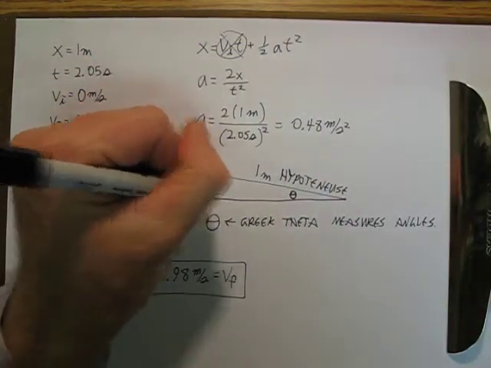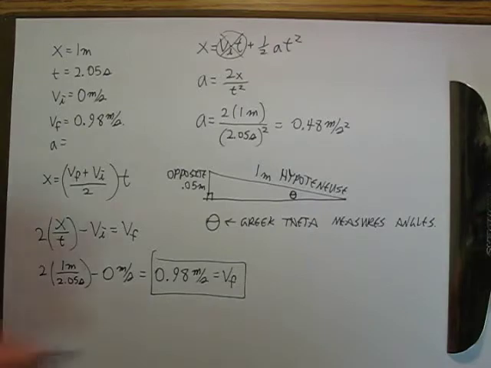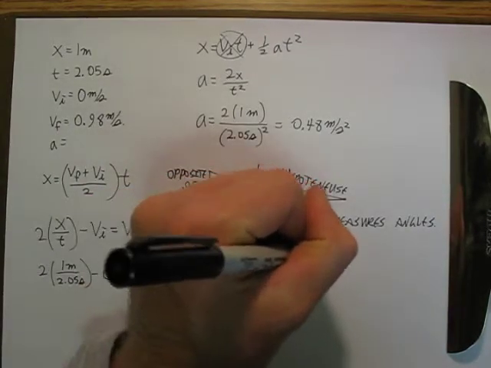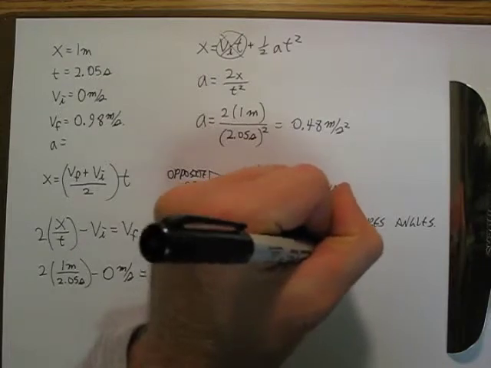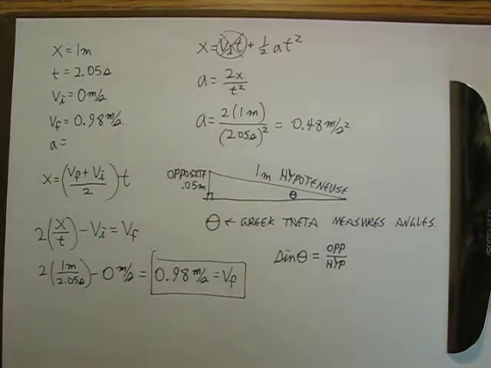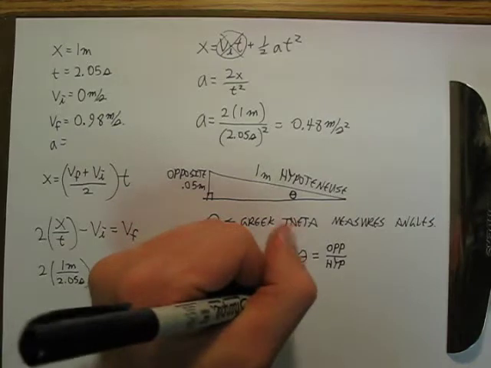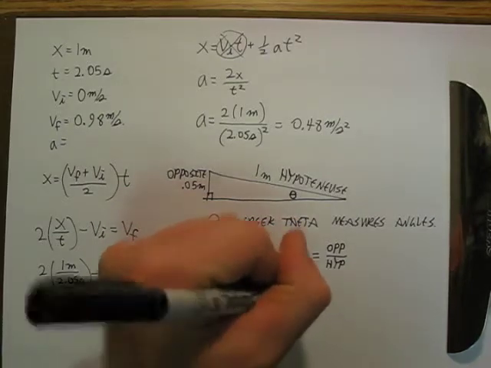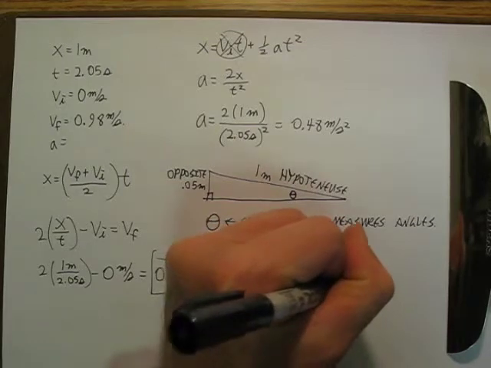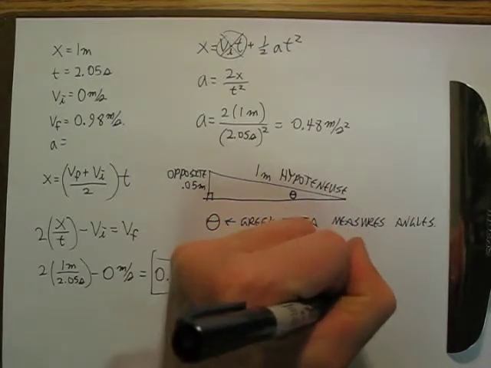That's my right triangle right there, and there's my 90 degrees. We're going to say that sine of theta is equal to opposite over hypotenuse. Now we're looking for theta, so we actually have to say theta is equal to sine inverse of opposite over hypotenuse.